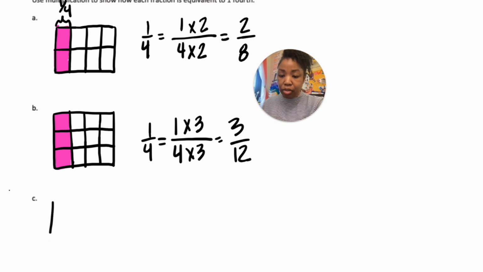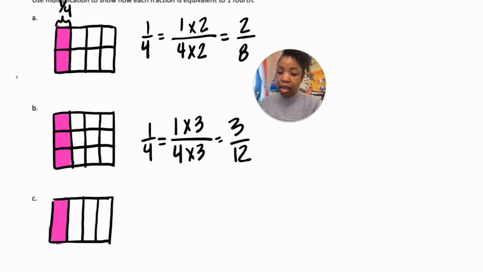Now let's show 16ths. How many groups of 4 make 16? 4 groups of 4. So this time we'll do 4 rows. Let's shade 1. And then we're going to draw 3 lines to make 4 rows.